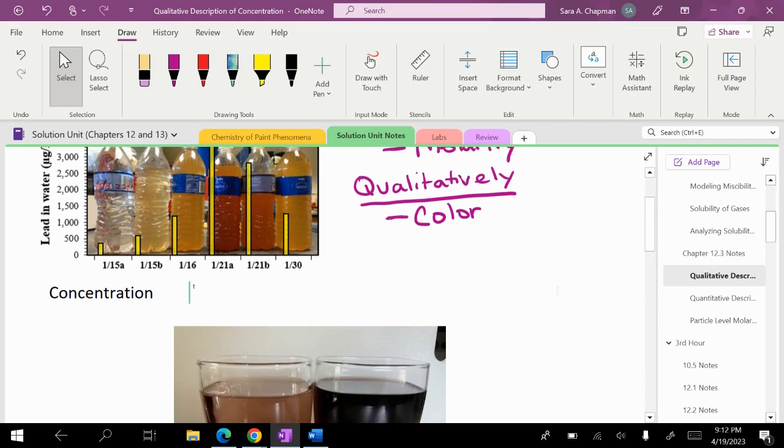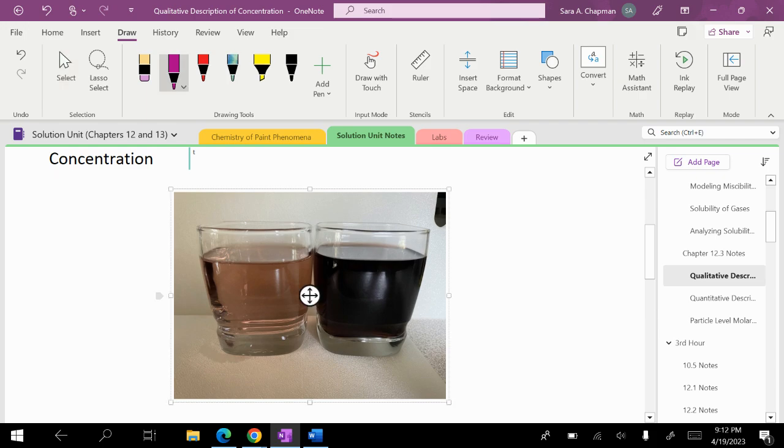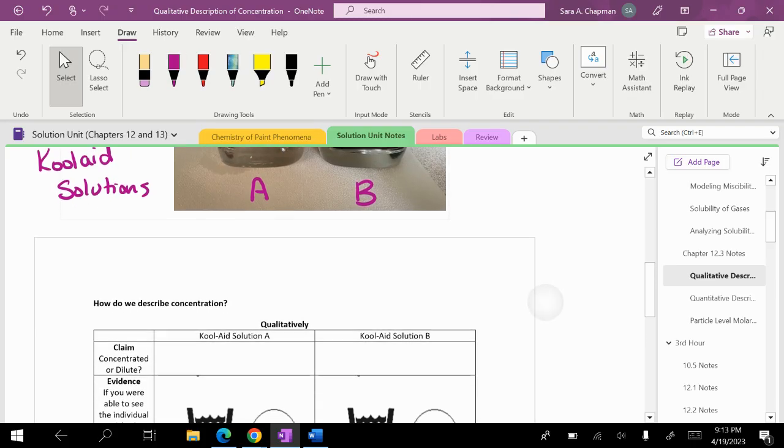And so you have a handout, and we're going to use it to look at these two Kool-Aid solutions. So we have Kool-Aid solution A on our left and Kool-Aid solution B on the right. And this just happens to be my favorite flavor of Kool-Aid, grape. And so we have 2 glasses of Kool-Aid. And so if we look at our table, we're going to make a claim.